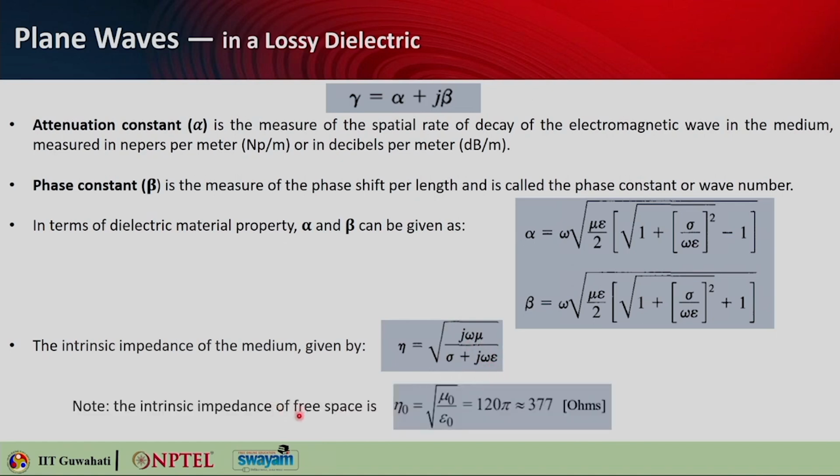Now in the case of free space where conductivity is 0, the sigma term goes out, j omega goes out, and you have square root of mu naught over epsilon naught. Eta naught, the free space intrinsic impedance, is a standard value, everybody knows it's 120 pi or 377 ohm.